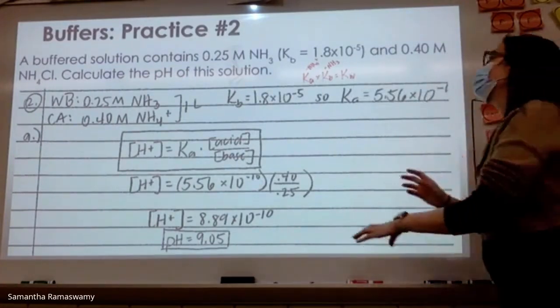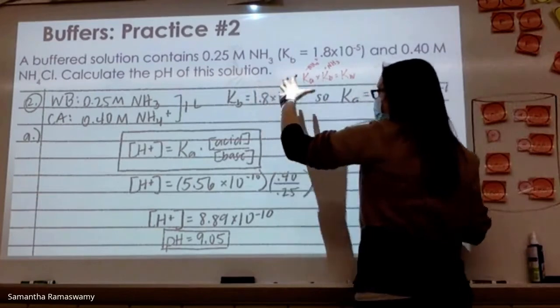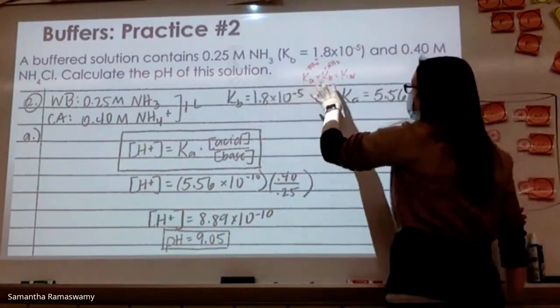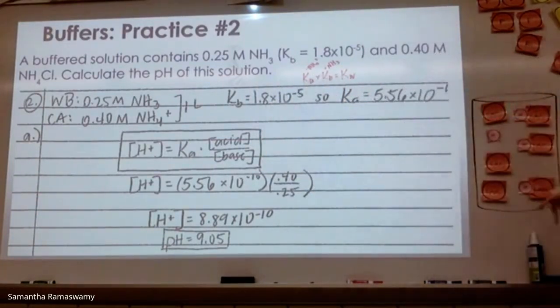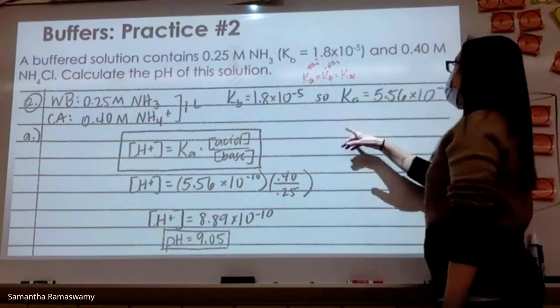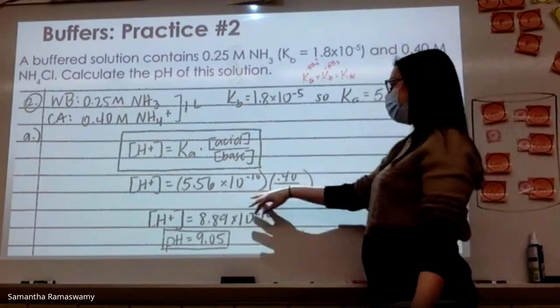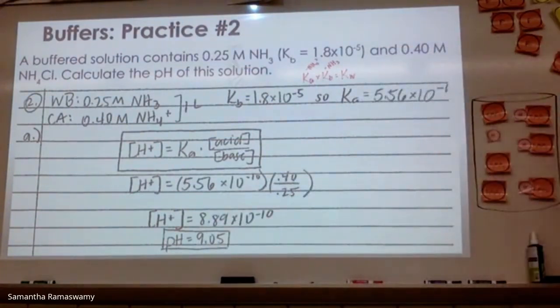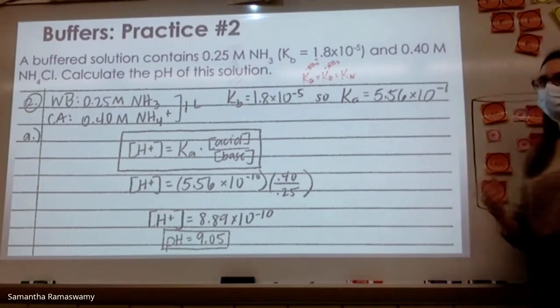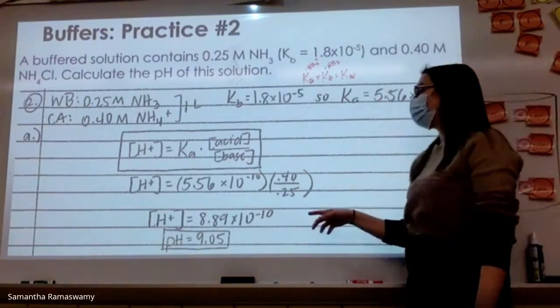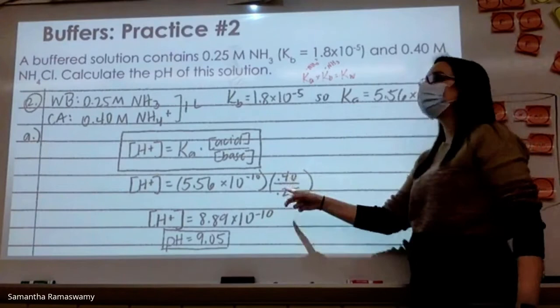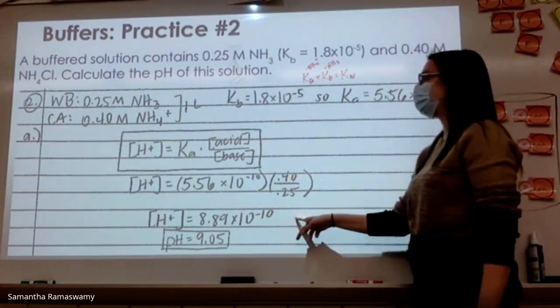And so when you solve for Ka, it's 5.56 times 10 to the negative 10. Because Ka times Kb equals Kw, we assume we're at 25 degrees Celsius. And then it's still the acidic component divided by the basic component. So it's NH4 plus's concentration divided by NH3's concentration. You get an H plus value of 8.89 times 10 to the negative 10.